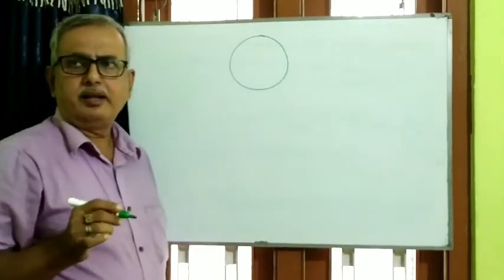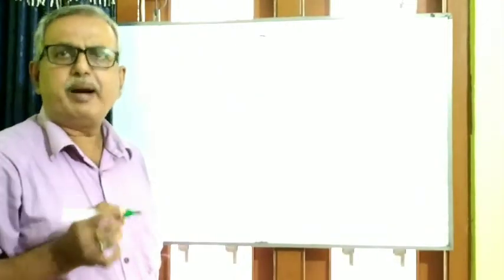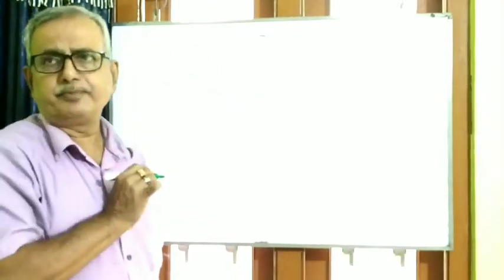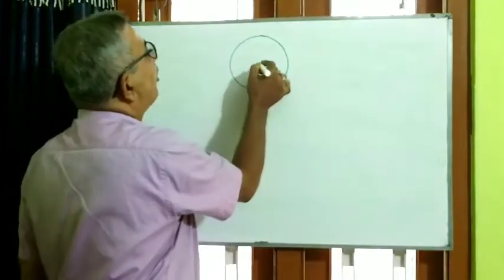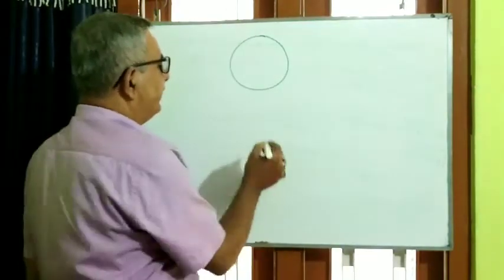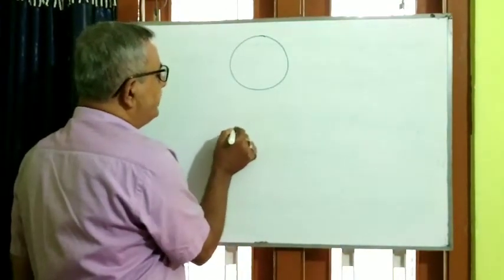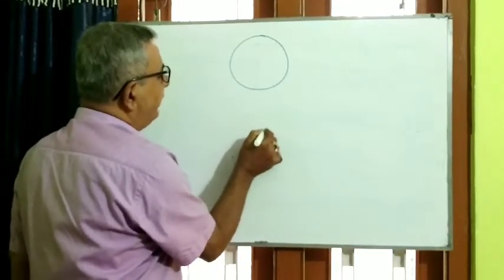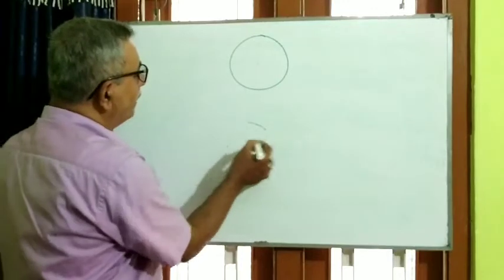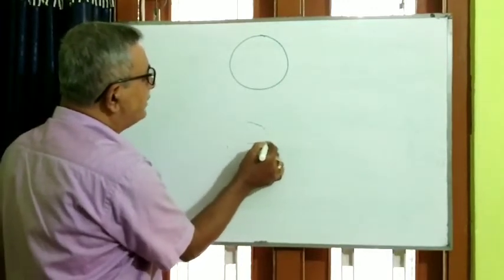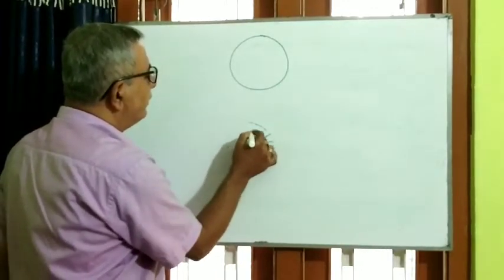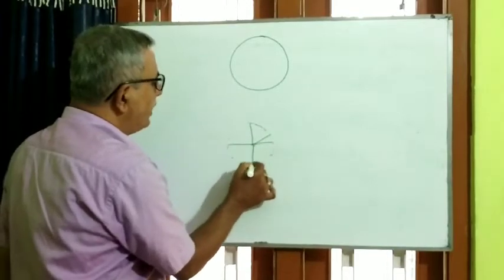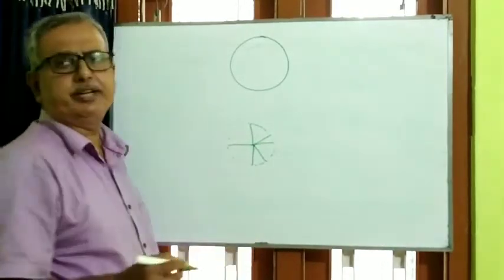Actually, a circle is made by joining the points which are equidistant from a fixed point. Here you see so many points are there in a plane, and all the points are equidistant.